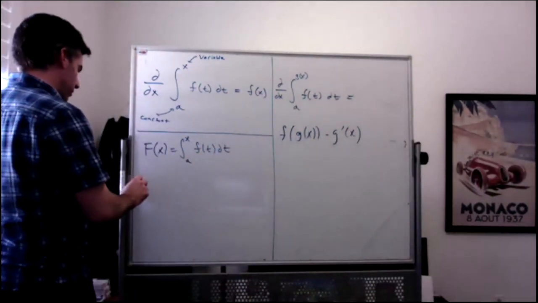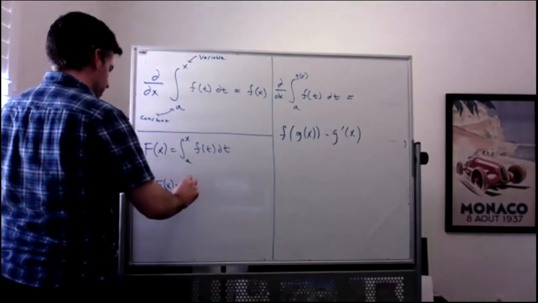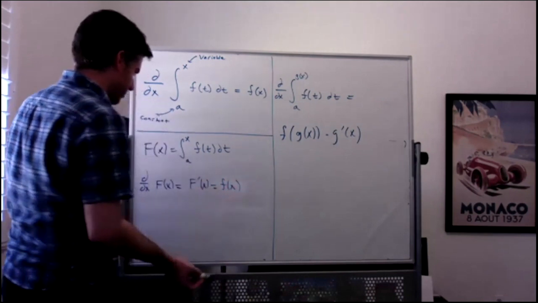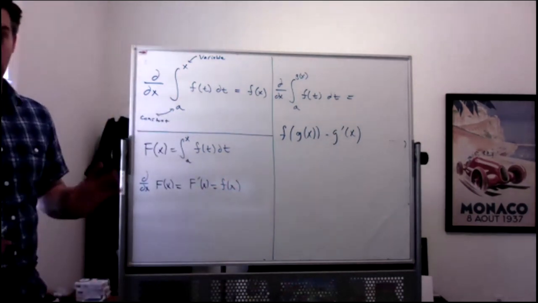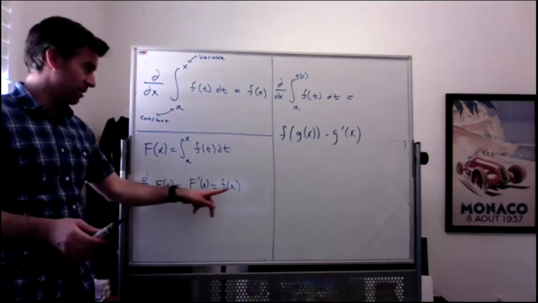And then the derivative of capital F of x is equal to F prime of x, which is f of x. Right, because capital F is the antiderivative of little f, the derivative of capital F is little f.